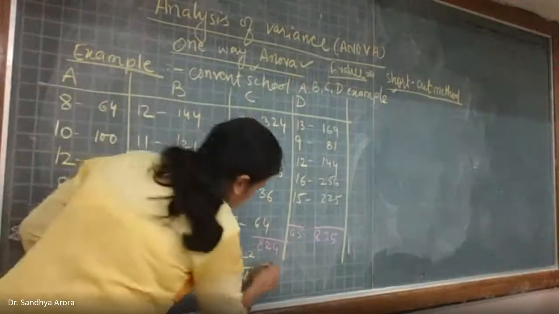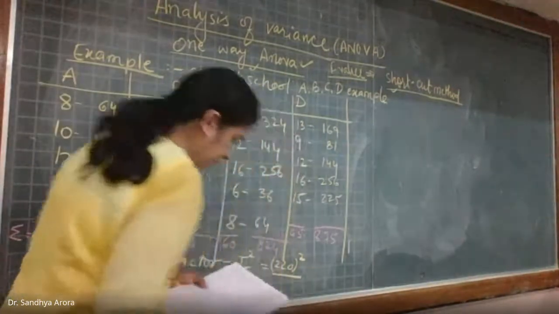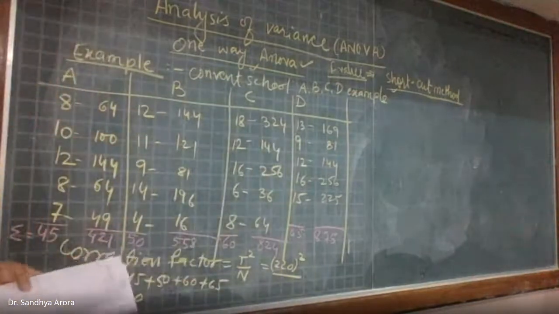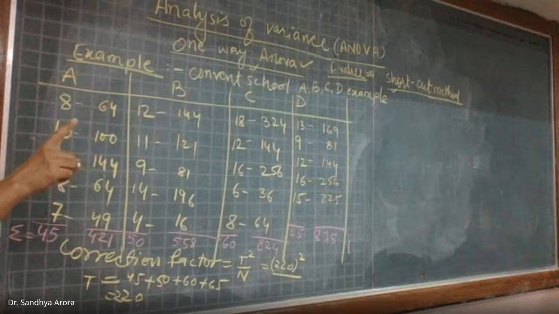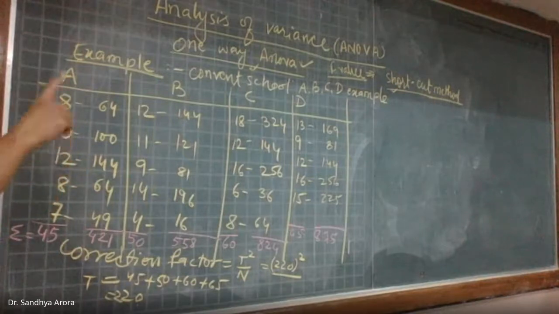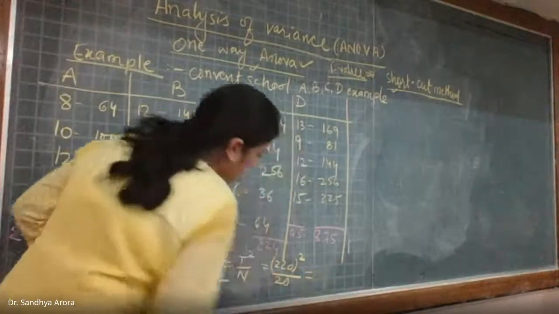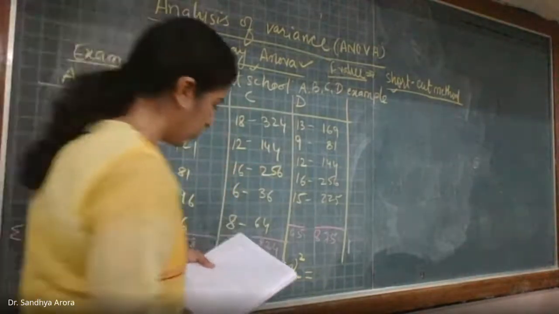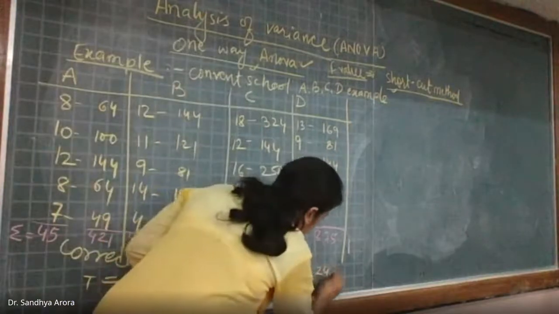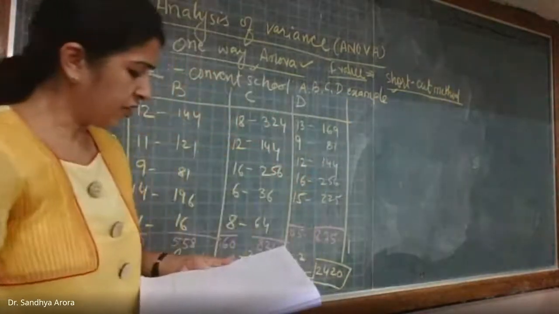So the correction factor is 220 squared divided by N. How many data items are there? 5 in each sample. 5 multiplied by 4 is 20. So the total number of items is 20. So your correction factor is 220 whole square divided by 20, which is 2420. This is your correction factor.